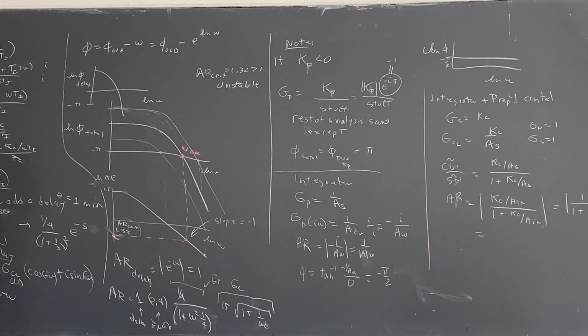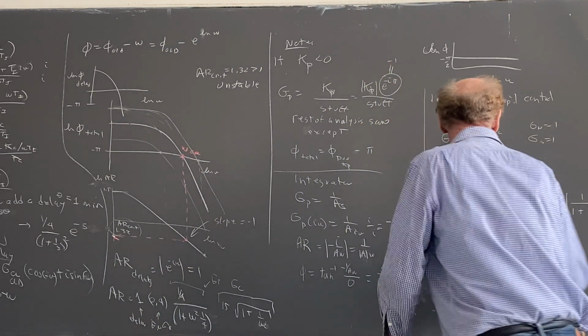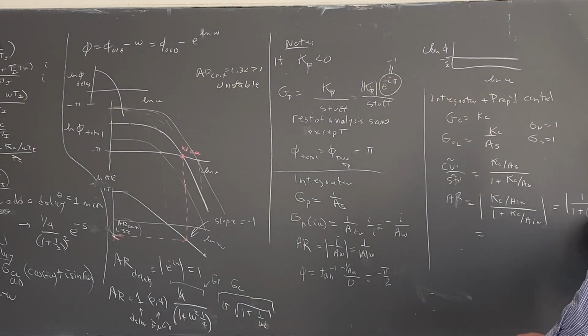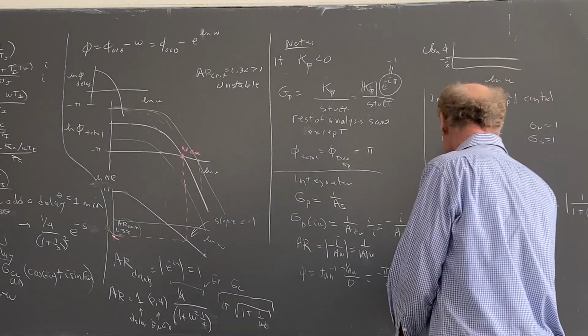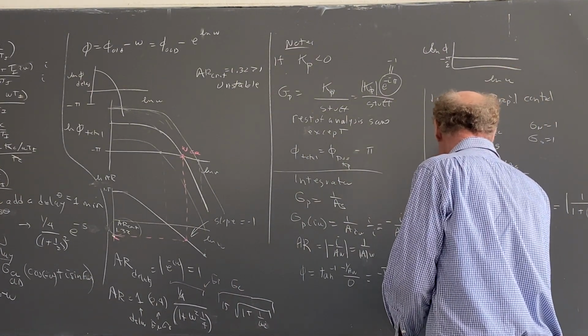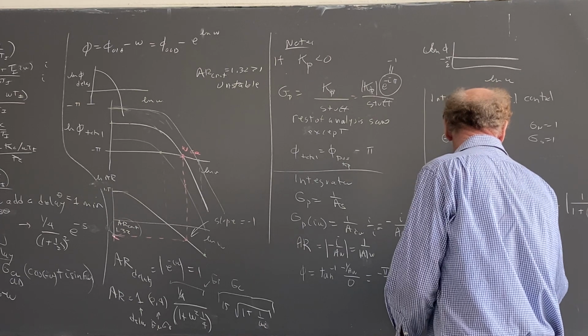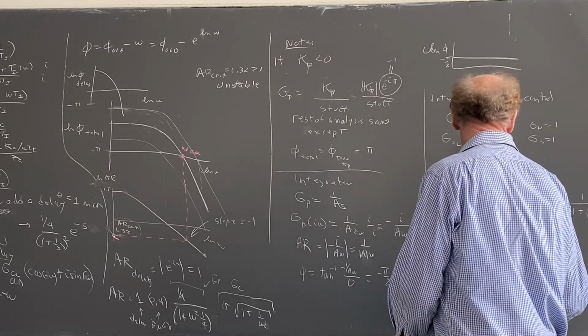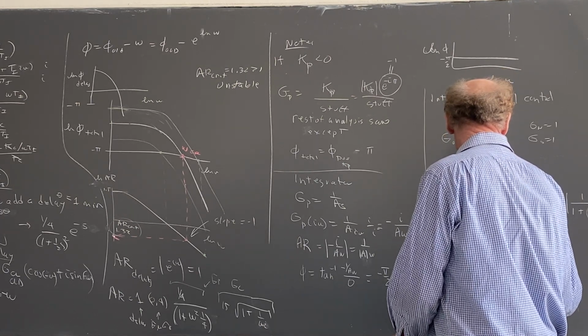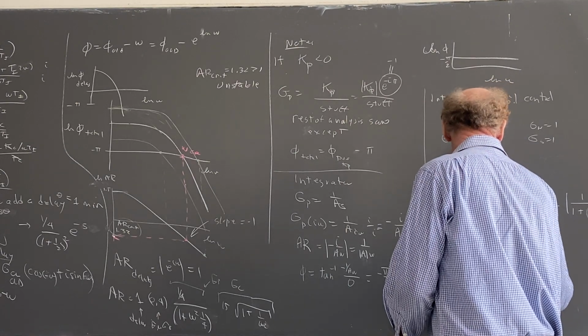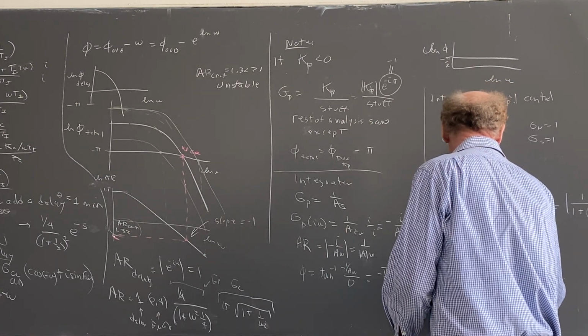So in the first order system, we know that phi, because it's 1 plus omega times something, is equal to the arctangent of minus A omega over Kc.